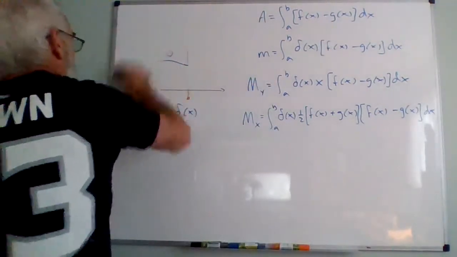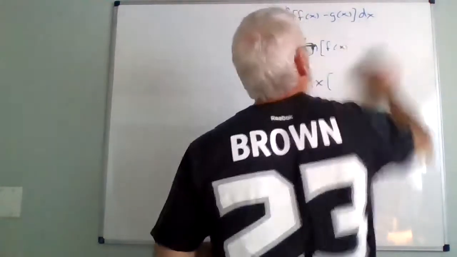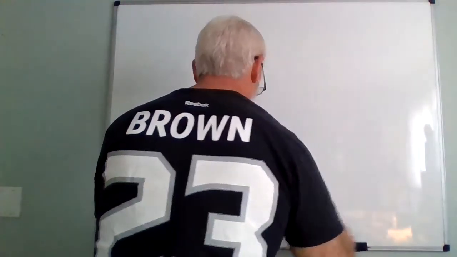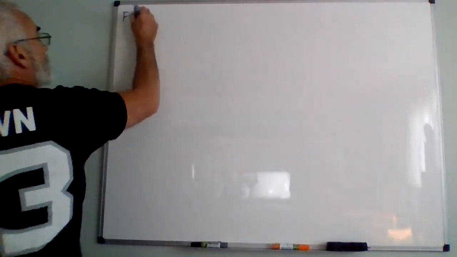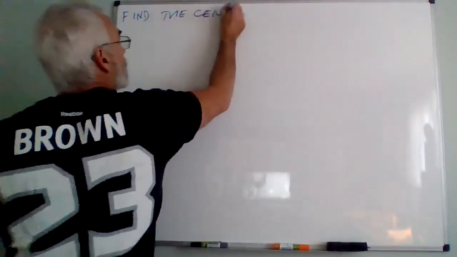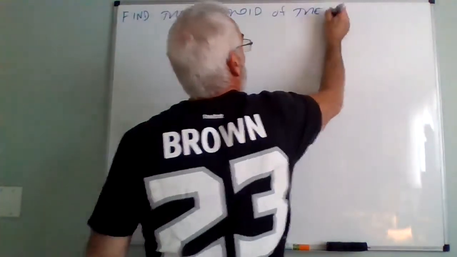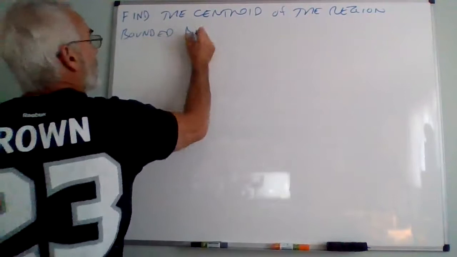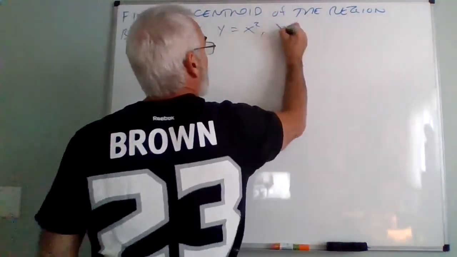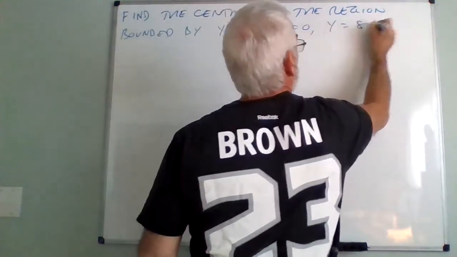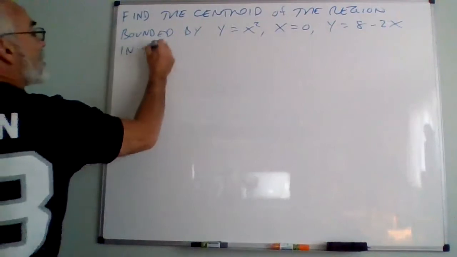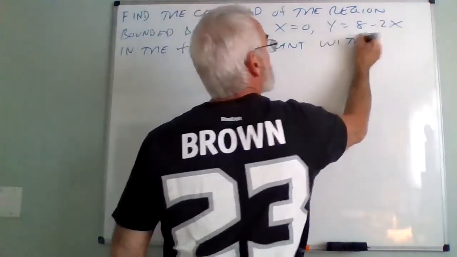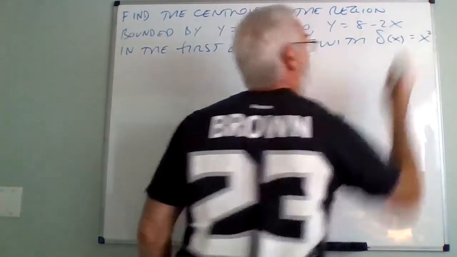So let's look at some examples. All right, we would like to find the centroid of the region bounded by y equals x squared, x equals 0, y equals 8 minus 2x in the first quadrant, with density x squared.